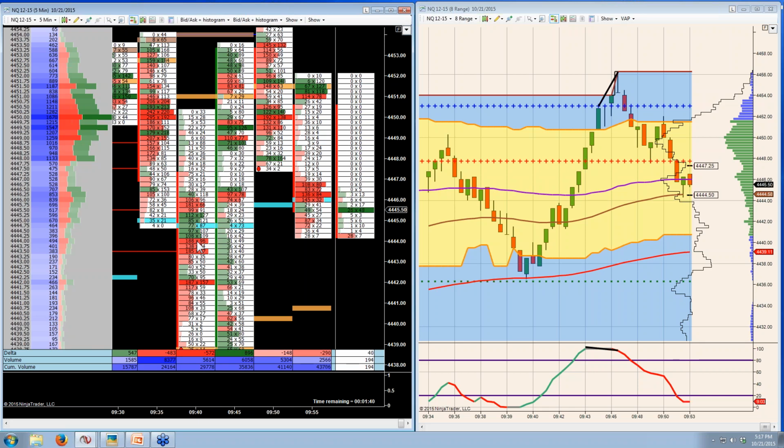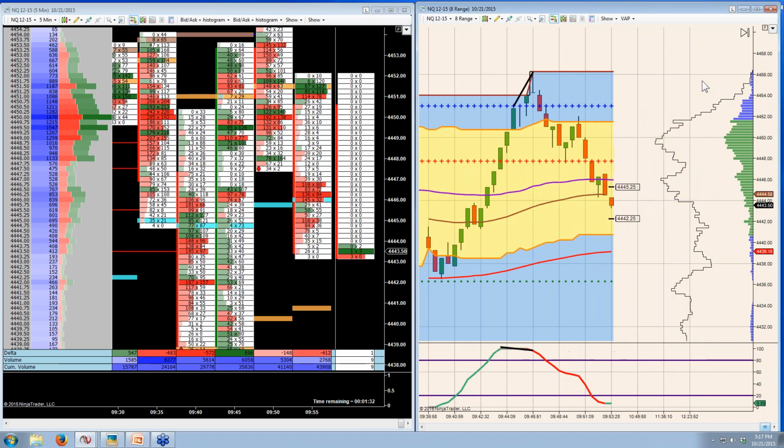Let's see, David. Okay, so that's the question you were asking earlier. Why do you have a cumulative profile for this day only? This isn't this day only, David. The cumulative goes back. This isn't just today. This is just today. As this is going on, it's not taking pre-market into consideration because I'm in chart replay.